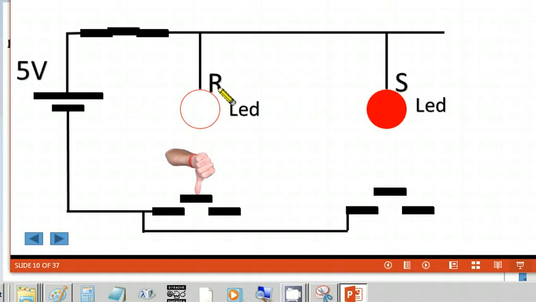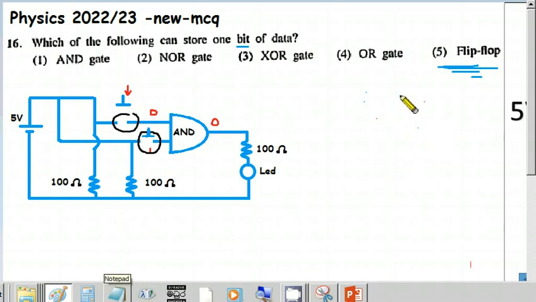One is called reset, the other is called S. So out of these two terminals, two outputs, we consider only this set output. We don't consider this one, we neglect this reset one. So we consider only this LED S.